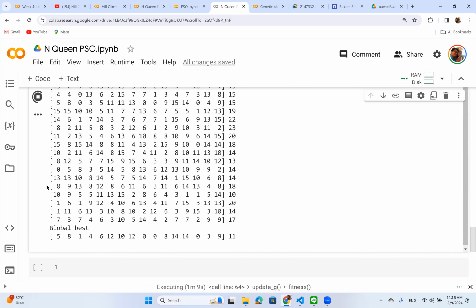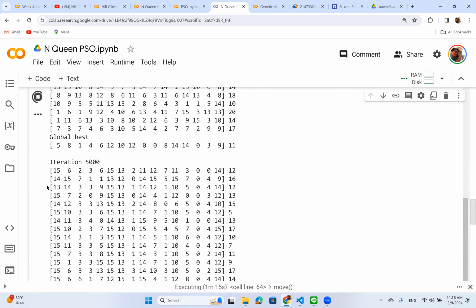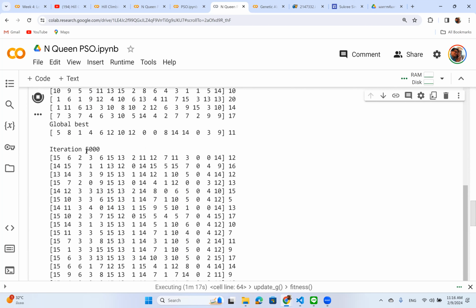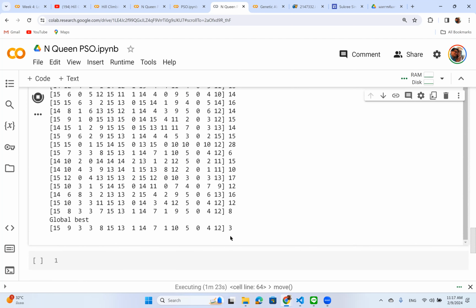So you can see that we randomly generated n particles. This one is at 5,000 iterations. At 5,000 iterations, we found global base here. Wow, it's just only 3 pairs of 16 of them.